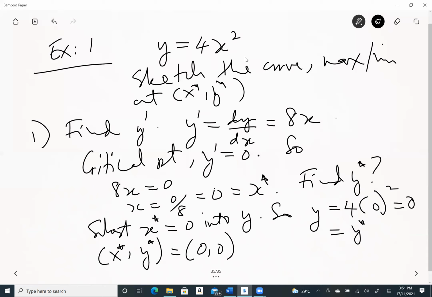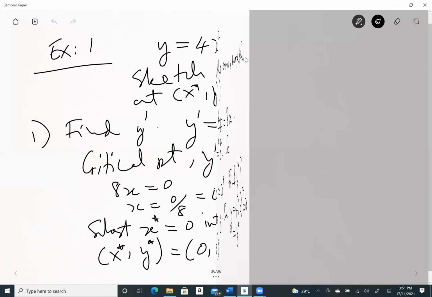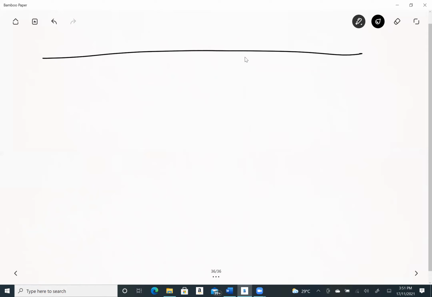Now, when the slope equal to 0, as we mentioned earlier, we can break into intervals: interval on the left of 0, 0, interval on the right of 0, 0. Very convenient because it is at 0. You just sketch the number line, and incidentally, it happened at 0, which is our x star.